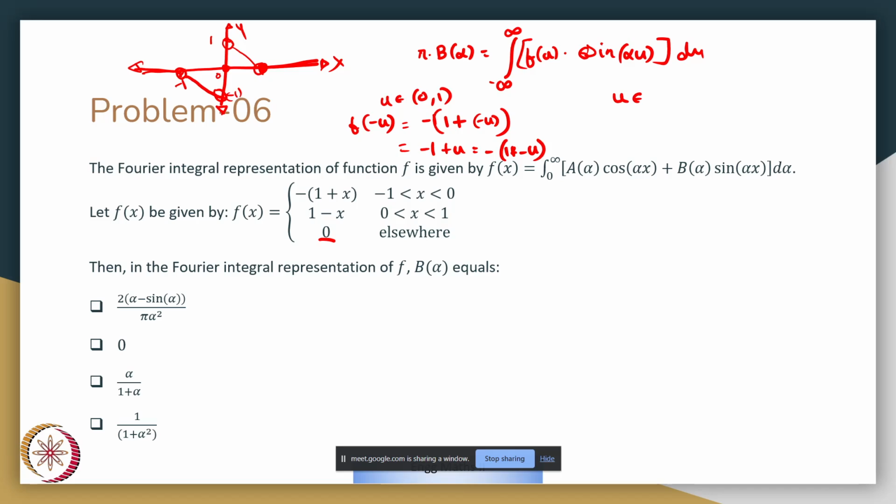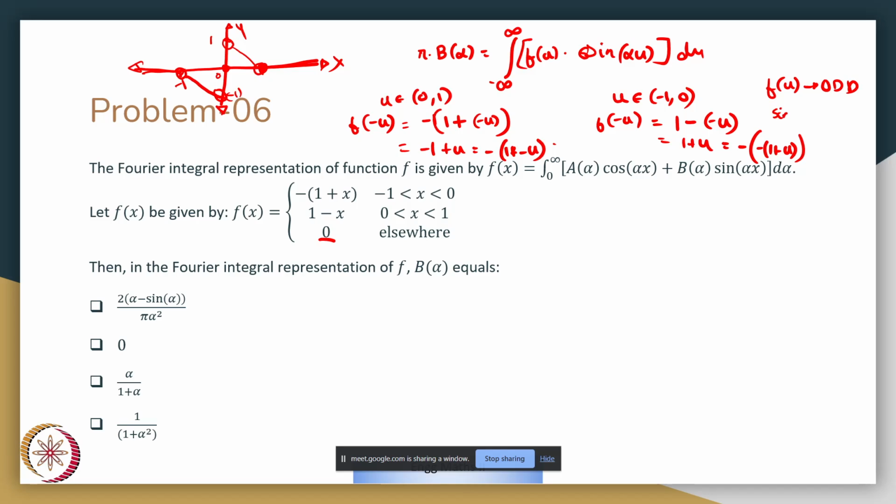And when u would belong from minus 1 to 0, f of minus u would be nothing but 1 minus minus u, which is 1 plus u, which is minus of 1 plus u. So in both the cases, f of minus u turns out to be equal to minus f of u, which would mean that f of u is an odd function. So f of u is odd.